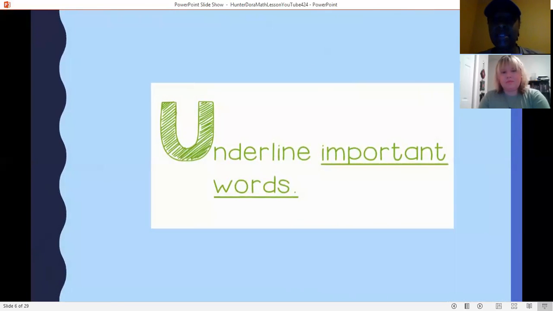The next step is to underline important math words that you see. Ms. Hunter, what are some math words that are related to adding and subtracting? Great question. You may see the word sum or more than, and those words will let you know that you need to add.